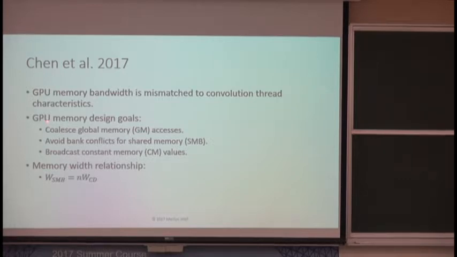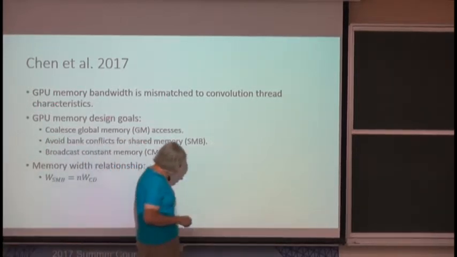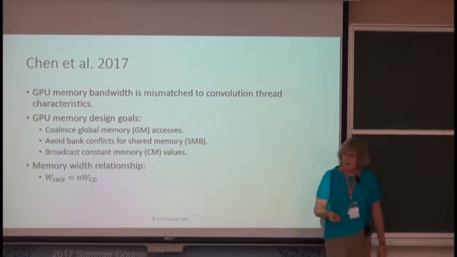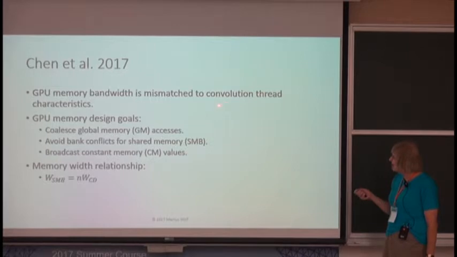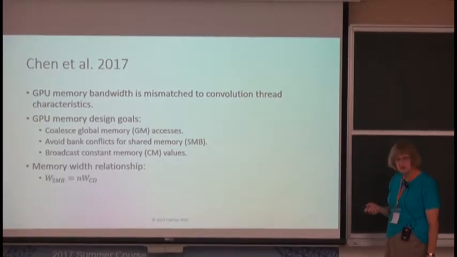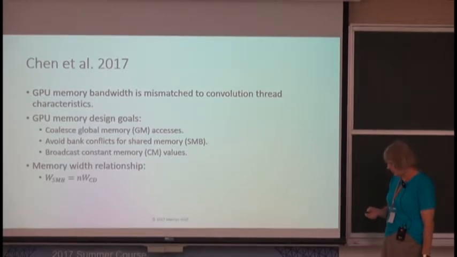Okay. So these authors noticed that the memory bandwidth on a GPU is more limited than what we would ideally like for the convolution operation. That really dominates the neural network operation.